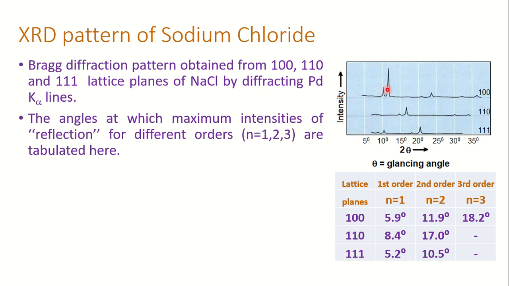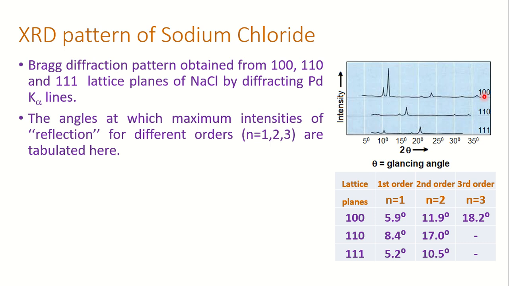Look, this is for the first order reflection, this is for the second order reflection, and this is for the third order reflection. But keep it in mind, this is not reflection, this is diffraction. Since the incident angle and the angle of the ray diffracting after interaction with the crystal lattice are the same, it looks like a reflection.